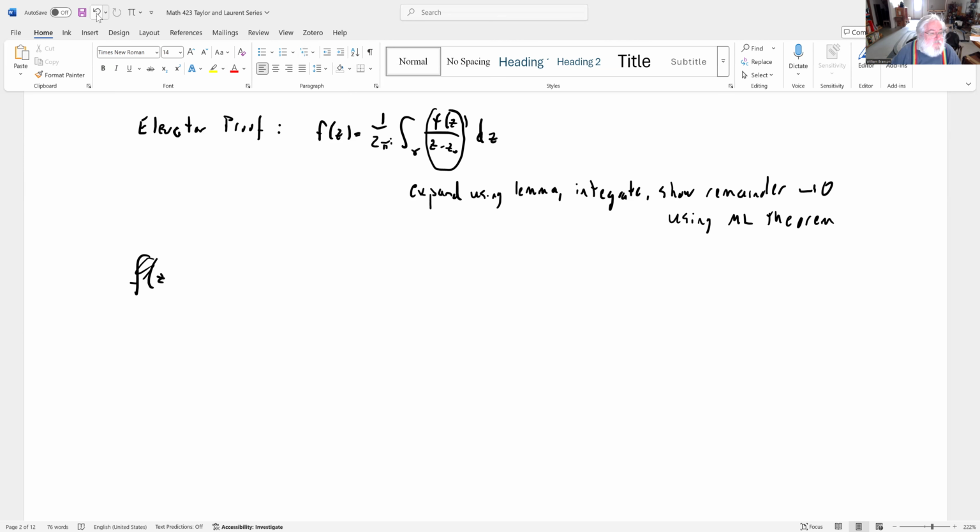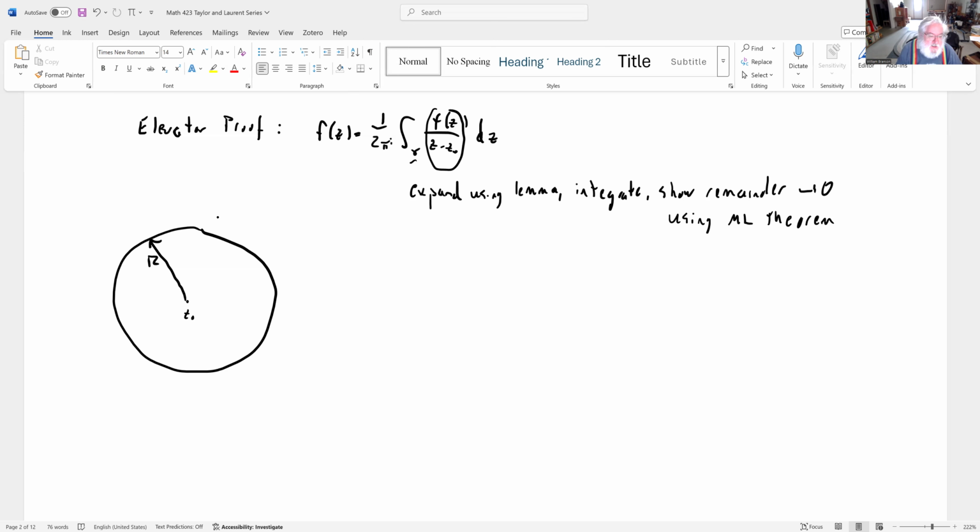So for f of z, we don't want to do that yet. We want to draw a picture first. Our picture is that we have a center z0 and a radius R, and we're analytic inside that disk, but not necessarily on the boundaries. That means when we're doing our integral, our integral actually can't be on the boundary because we don't know it's analytic there, but we have to take some point inside.